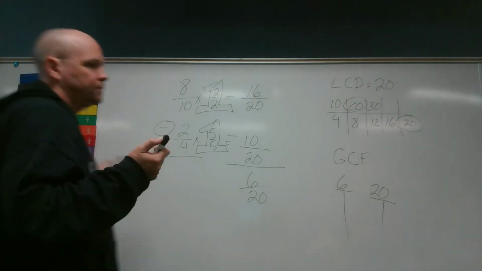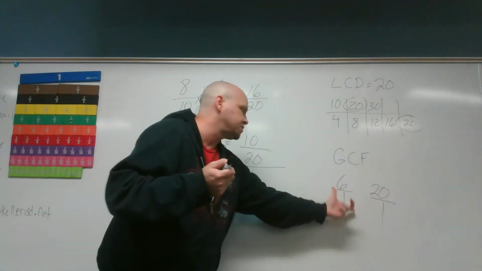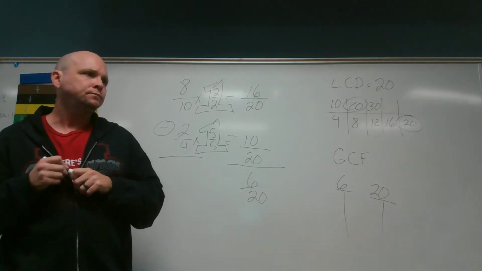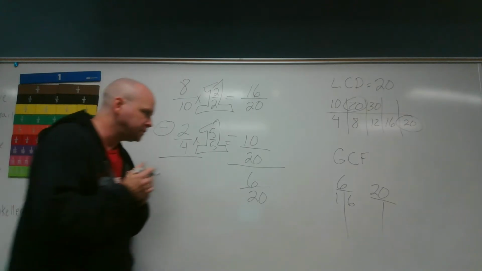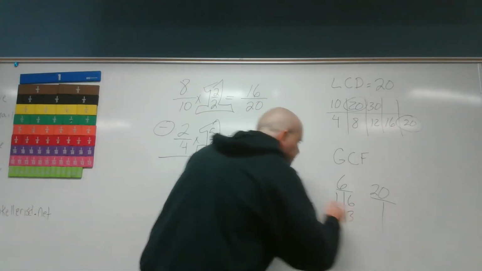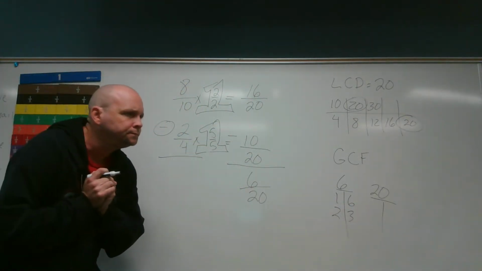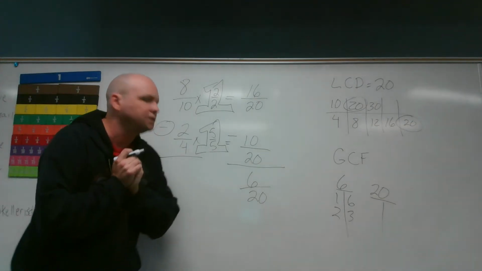So, Natalie, what are my factor pairs for 6? 6 and 1. 3 and 2. And what else? Nothing else. Good.